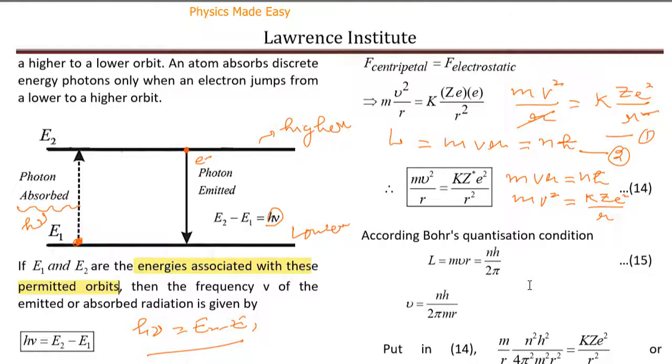We can easily eliminate v. Calculate the value of v from this equation. So v will be n h divided by, now I have split it up, n h divided by 2 pi m r. I will call this equation number 3.